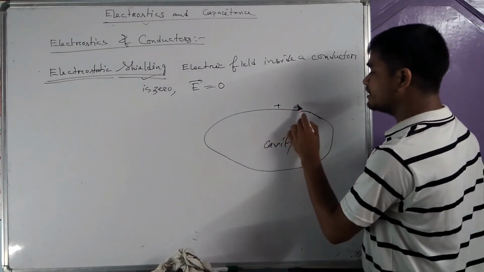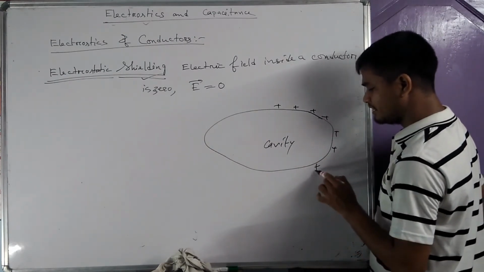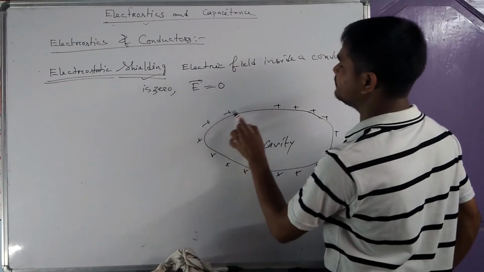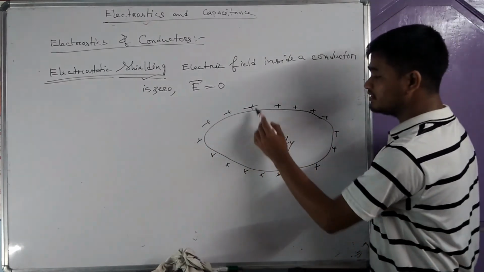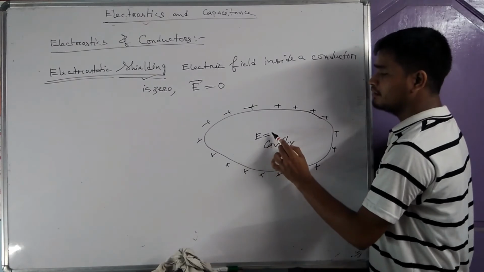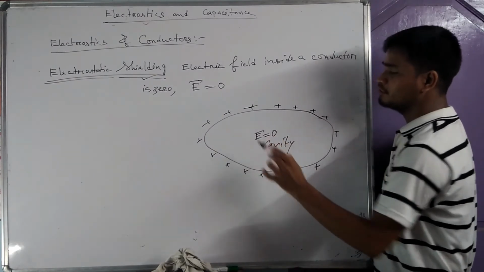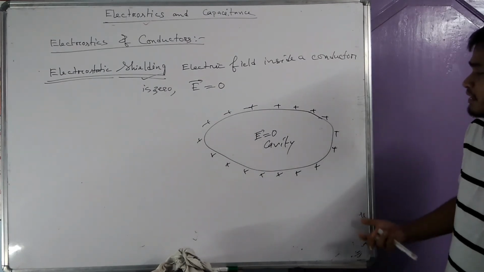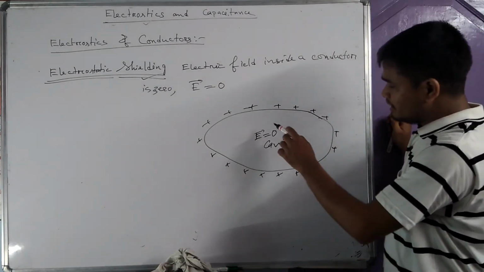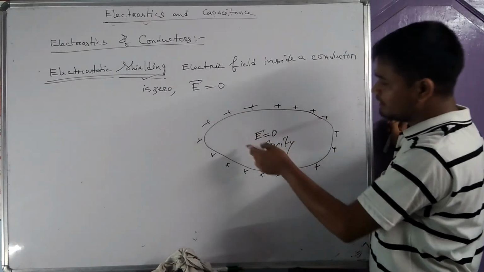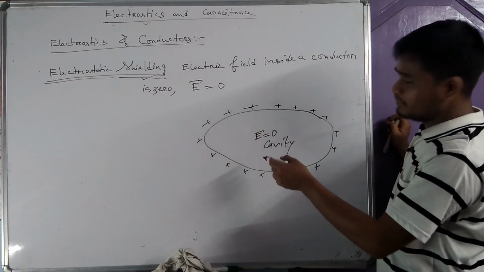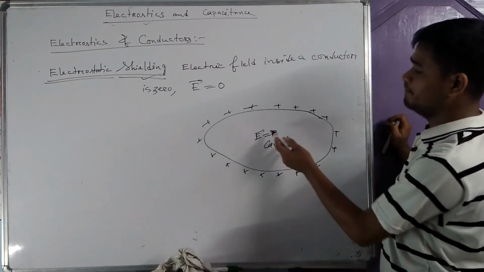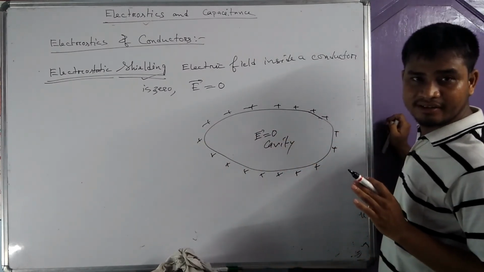If there are some charges present, there is an electric field outside, but inside this cavity the electric field is 0. It means that the region inside the cavity is free from electric field.